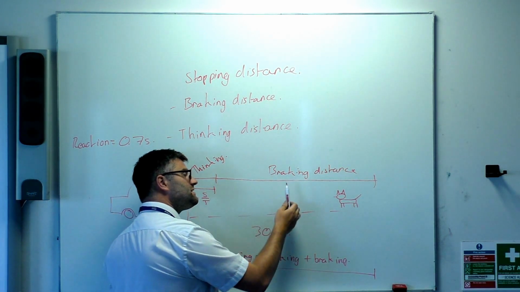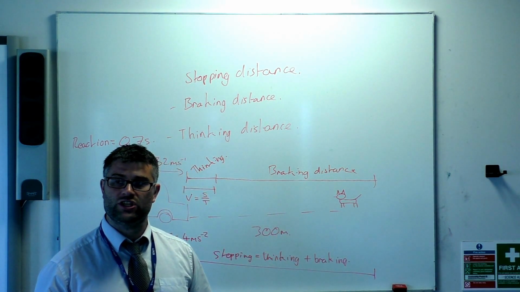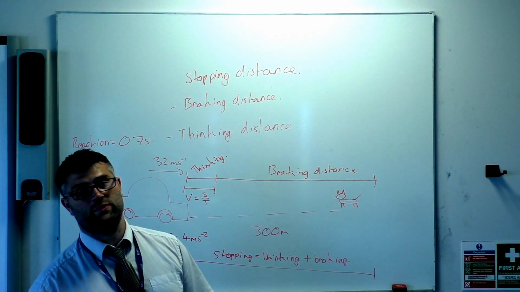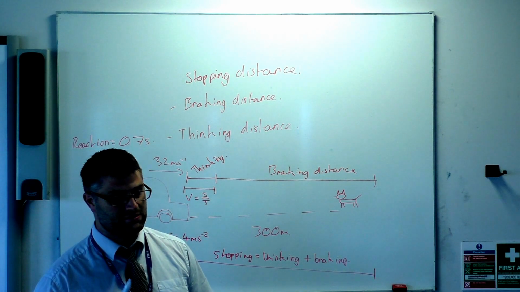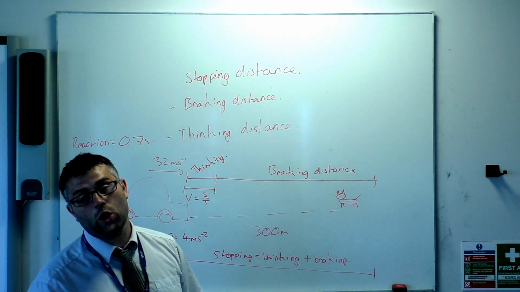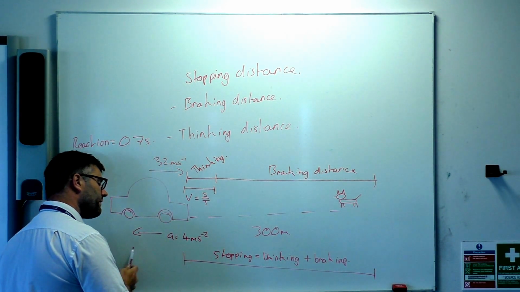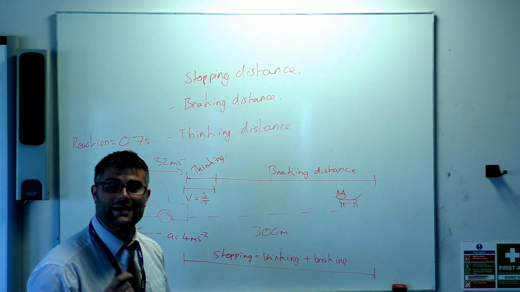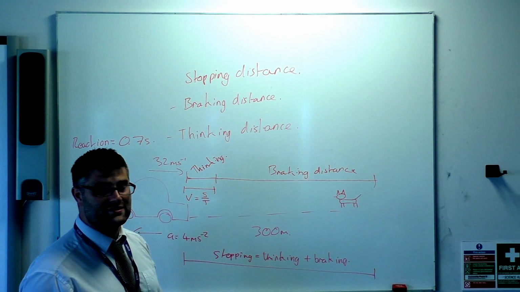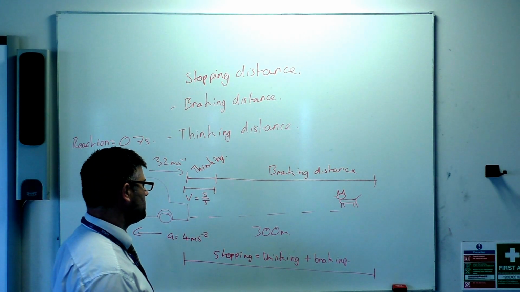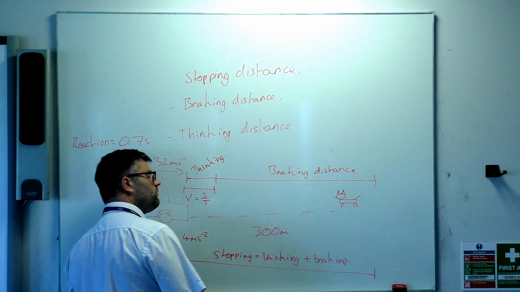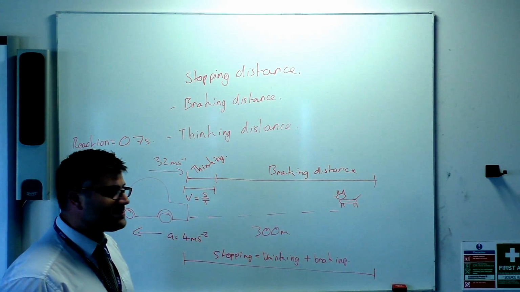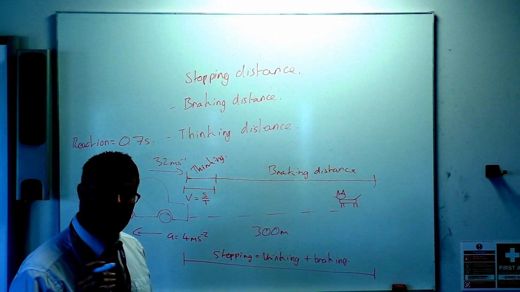The braking distance, however, again, we ask ourselves the question, is this SUVAT? Is the car slowing down or speeding up, or is it staying at the same speed? Well, it's slowing down. At least you'd hope it'd be slowing down since it's got a deceleration of 4 metres per second squared. So yes, it's going to be SUVAT. So you need to decide what is the correct equation, and we've been through the equations.